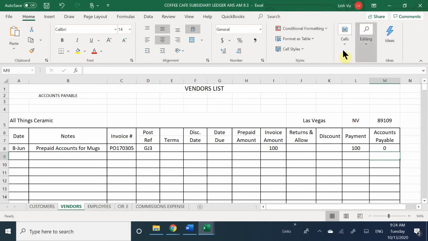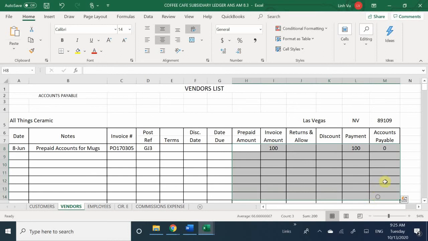Okay? So in this case, I've already updated my account. I made it clear that I made a payment, but the invoice amount is not there, right? We have to wait till the bill gets here. However, this is applied to our purchase order number.